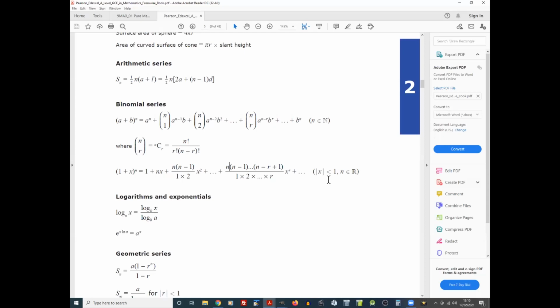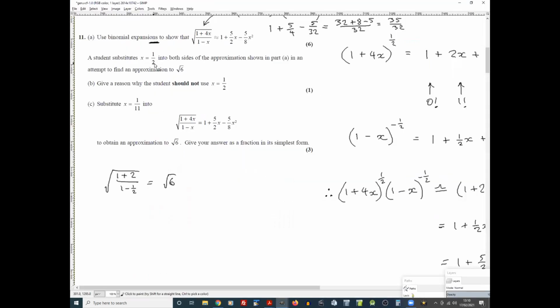No, other way around. What if you say mod of x, or absolute value of x, is less than 1? You're saying that the true value of x is somewhere in between -1 and 1. Oh yeah, that's what I meant. So x has to be smaller than 1. Right. On the other hand, x is smaller than 1. It's a half. So what's the problem?